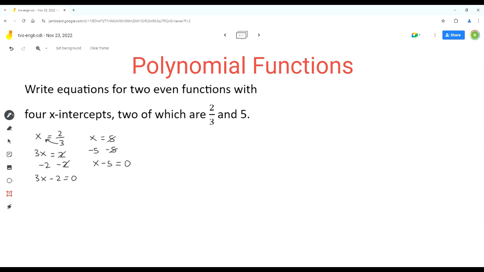Since the function is an even function and an even function has line symmetry about the y-axis, the other x-intercepts of the function should be equidistant from the y-axis but on the other side of the y-axis. One of the given x-intercepts is x equals 2 over 3, which is on the positive side of the x-axis. So another x-intercept for this function can be x equals negative 2 over 3.